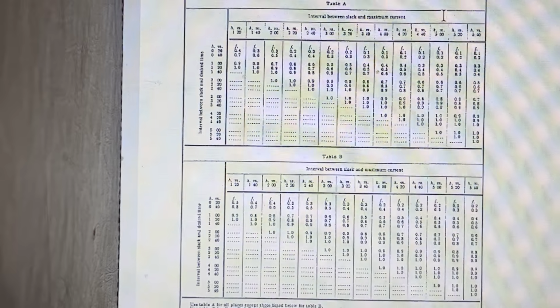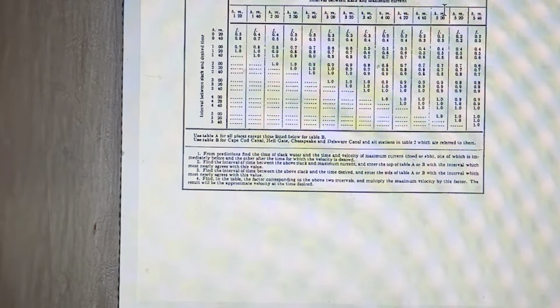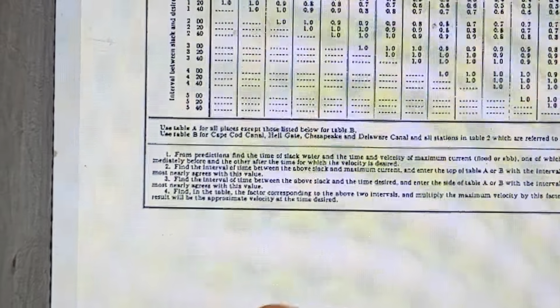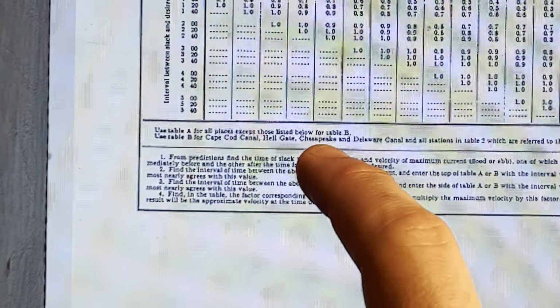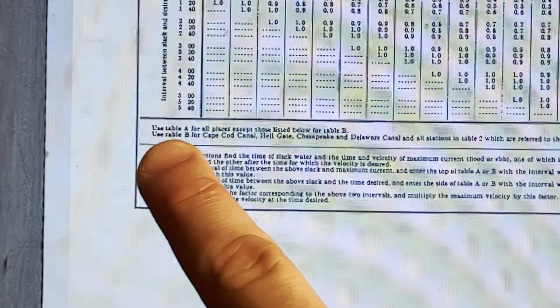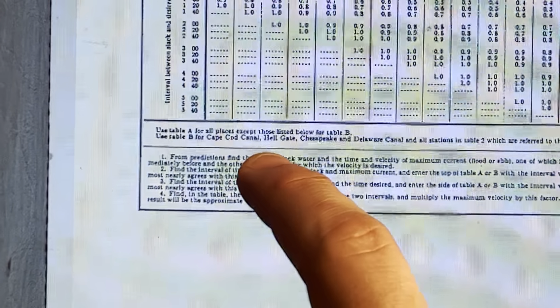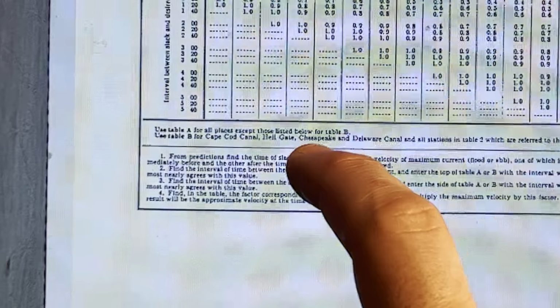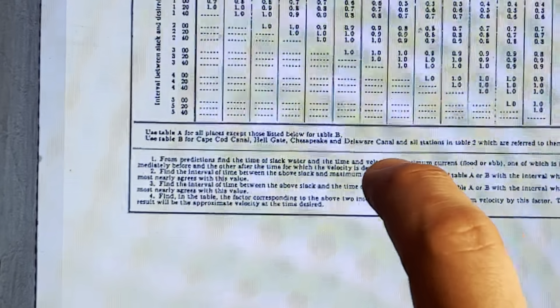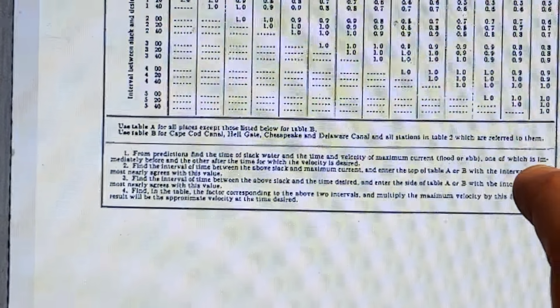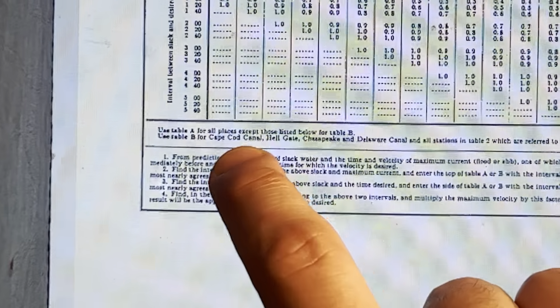Always check the list at the bottom before you do this to make sure you're not getting anything wrong. So you can see table A is for all places except those listed for table B. Table B is any substation based off of Cape Cod, Hellgate, Chesapeake, Delaware, Canal, and anything referred to them.